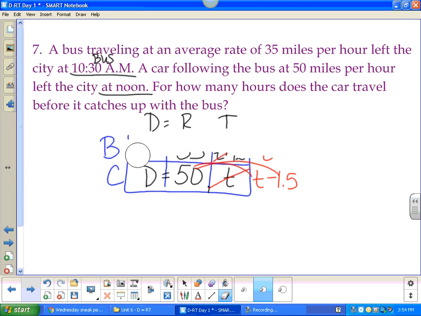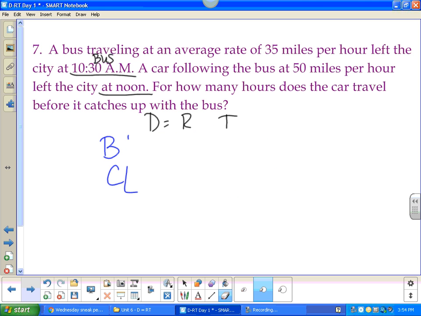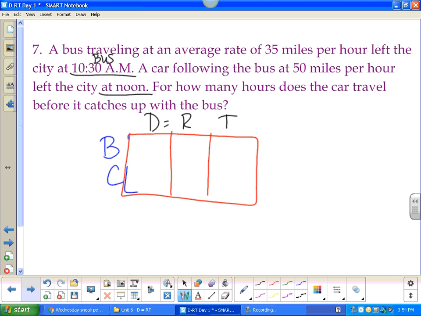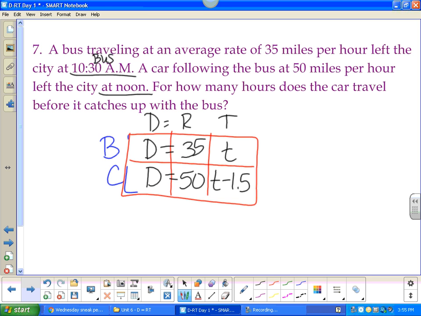Okay, so I'm going to take this out and make it look normal. D equals, the bus's rate was 35, the car's going faster at 50. I'm going to give him a minus 1.5 and him just a t.